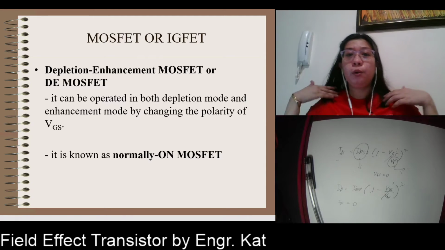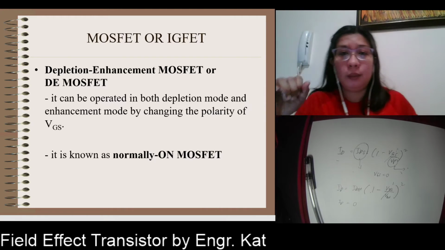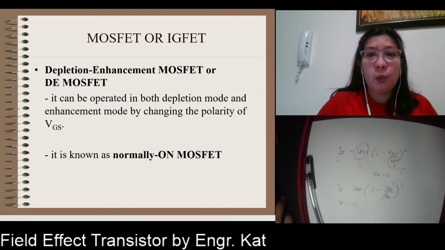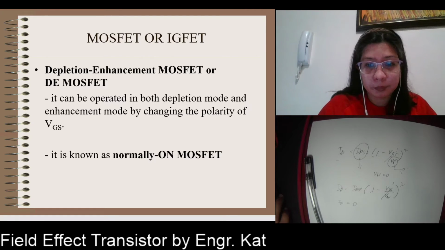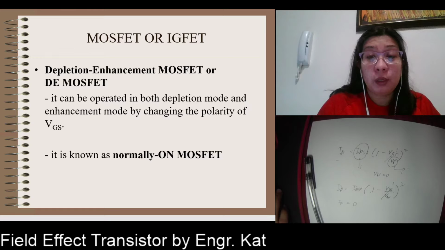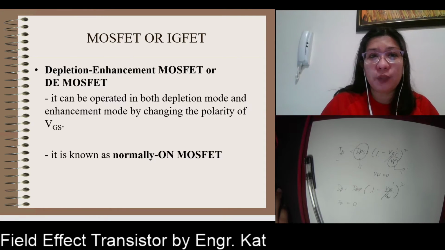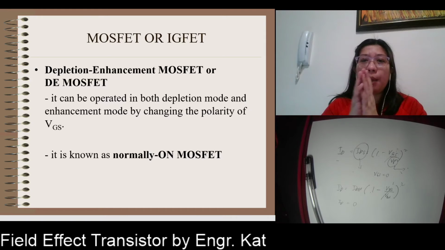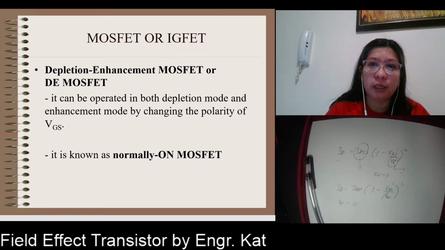So this is the second type of FET. The first type is the JFET, and the second type is the MOSFET or the IGFET. There are two types of MOSFET or IGFET. We have the Depletion-Enhancement MOSFET or the DMOSFET.